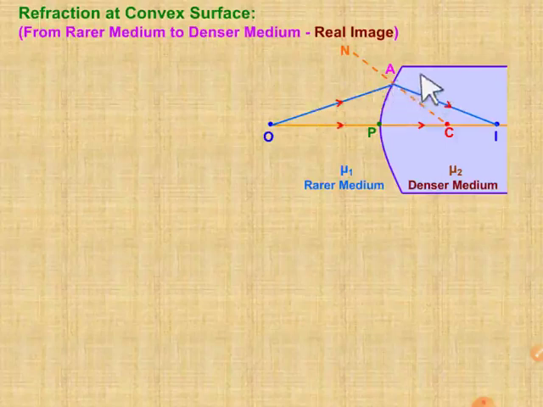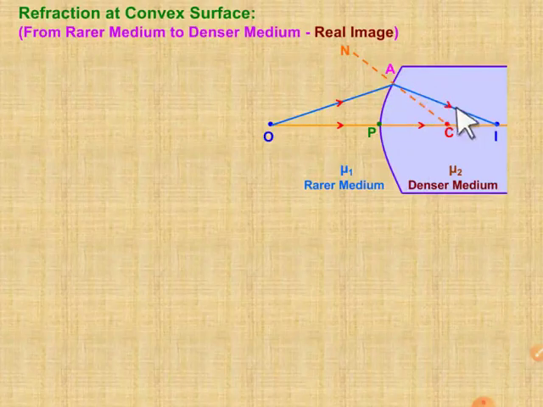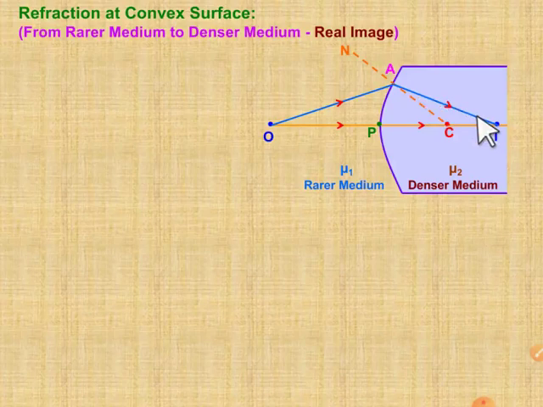So what happens when light travels from rarer to denser? As the densities are different, this light ray which is supposed to pass here, if there had been no refracting medium, will bend toward the normal, right? We have already learned in class 10 that when light travels from rarer to denser, the refracted ray bends toward the normal. So instead of going away like this, it will bend toward the normal.